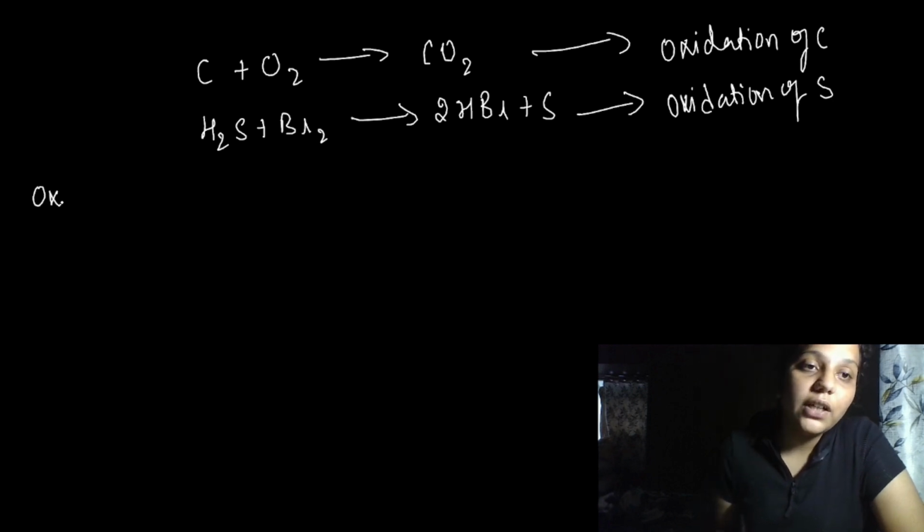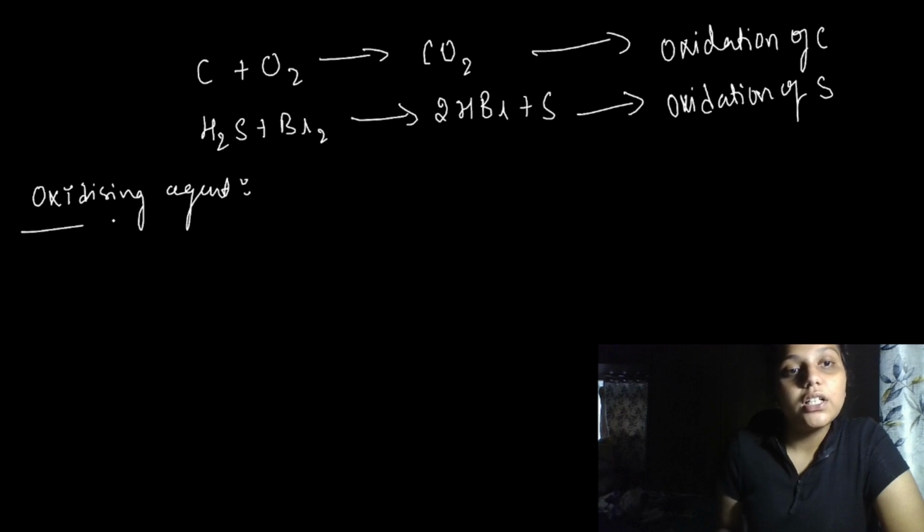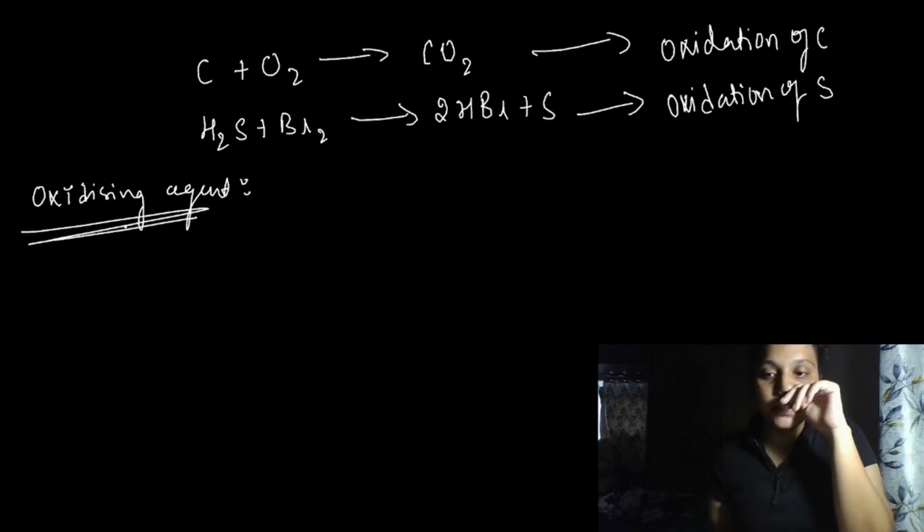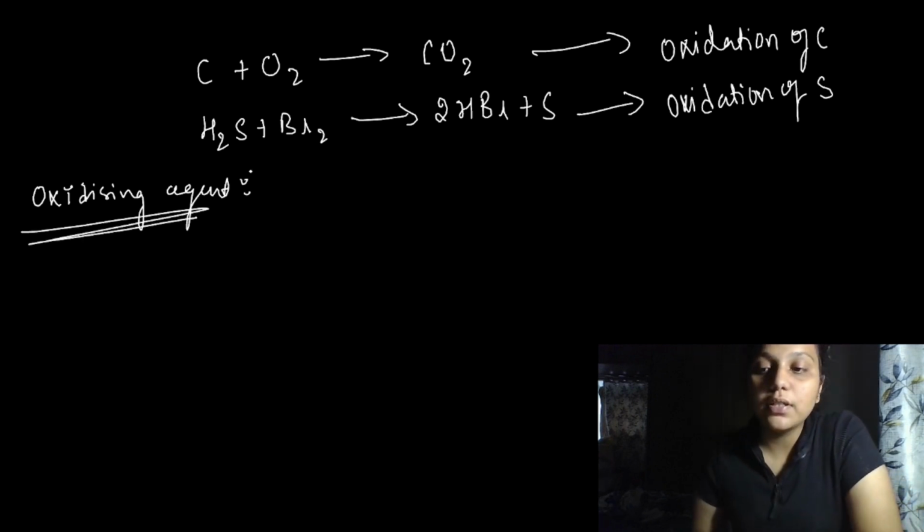So another main topic comes, what is an oxidizing agent? Oxidizing agent is nothing but a substance which brings about oxygen. In the above example, we can call this an oxidizing agent and this an oxidizing agent.